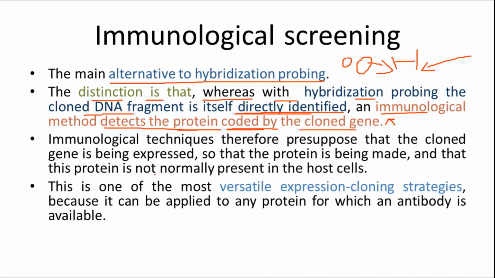Immunological techniques are used when the gene is expressed and the protein is produced. Our added antibody never binds to the host cell protein, because antigen-antibody interactions are highly specific.